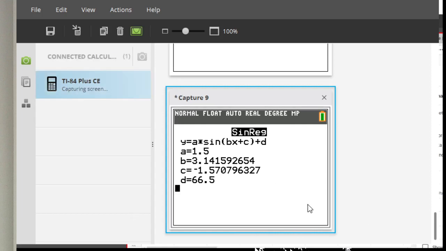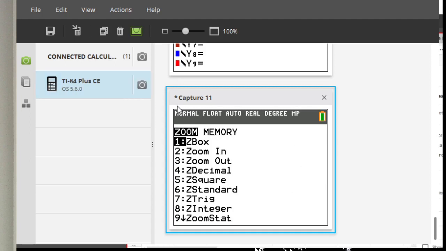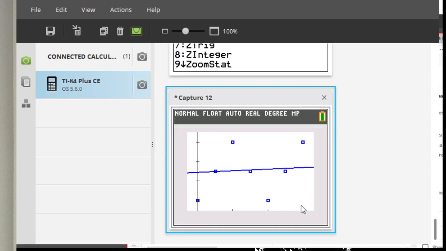We verify that when we plot this, we are going to have our data plot there. And then we pick our zoom stat window. And we have an issue here. The graph doesn't match. Why is that? That is because our sinusoidal regression is always in radian mode, but we can see here our calculator is in degree mode.